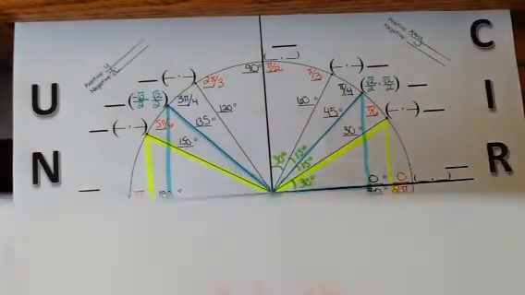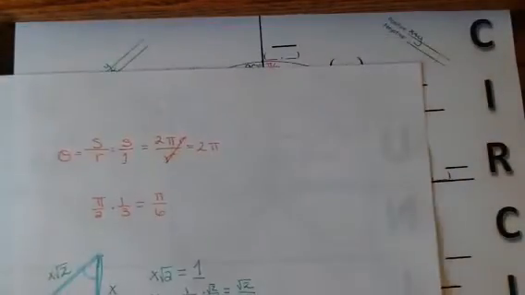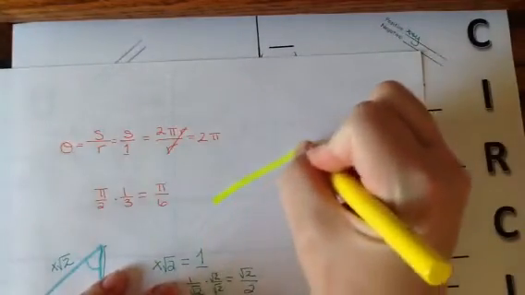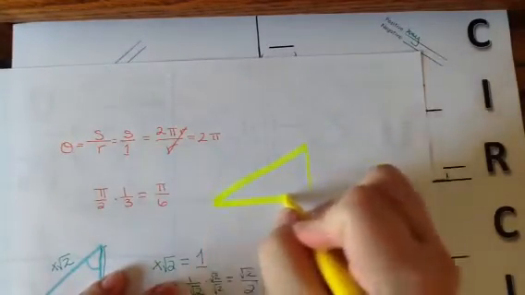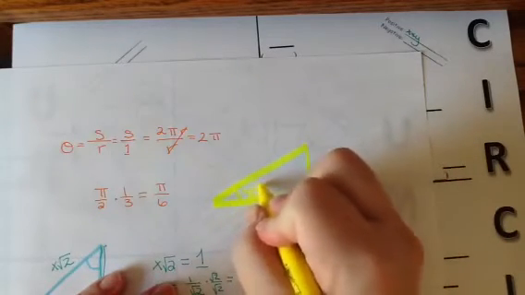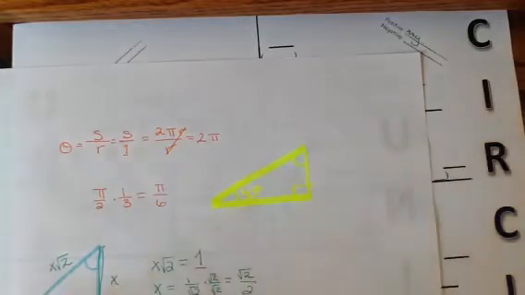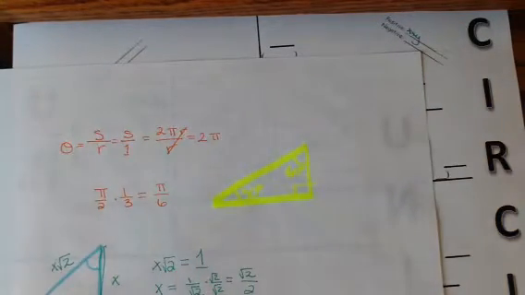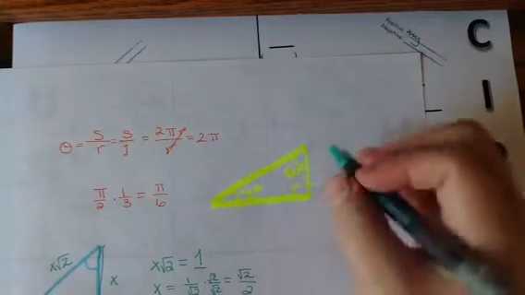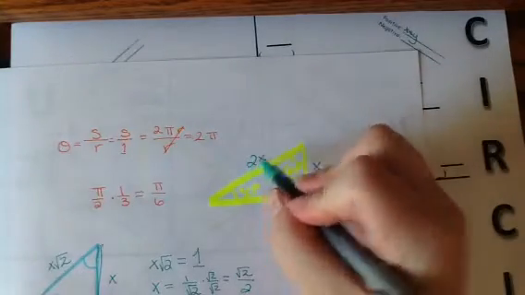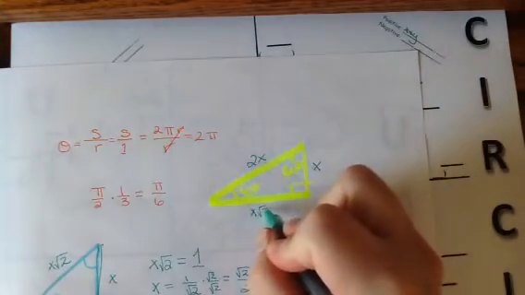So now I'm just going to put my paper down real quick, and I'm going to draw my triangle. So right now I'm looking at this triangle. And this is also a very special triangle. It's a 30, 60, 90. So the 30, 60, 90 triangle, this is x, 2x, and x root 3.